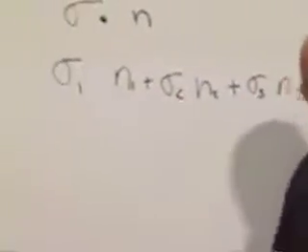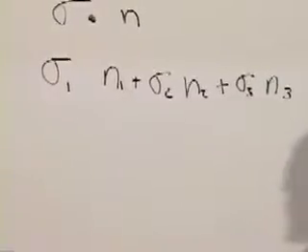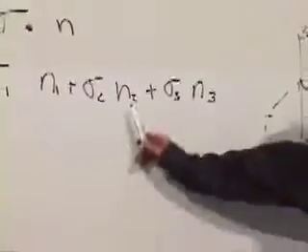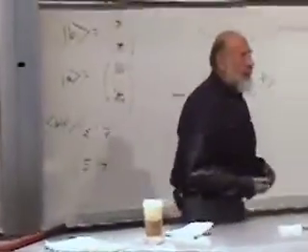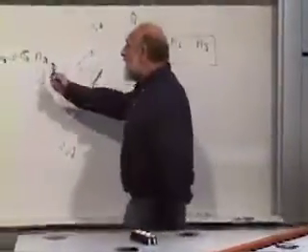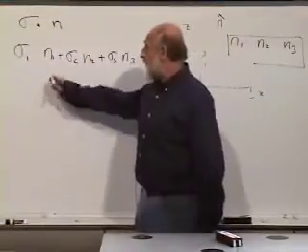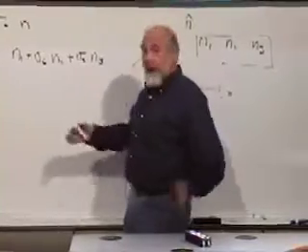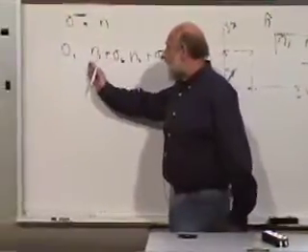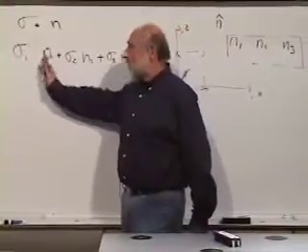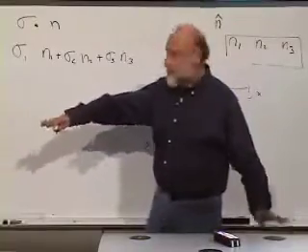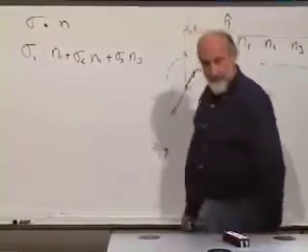Namely, we take the operator sigma 1, multiply it by n1, add to it the operator sigma 2 times n2, add to it the operator sigma 3 multiplied by n3. That's a candidate, and it is the correct candidate, which we can call sigma dot n, but it's an operator. Why is it an operator? The n's are numbers. They're just numerical numbers that multiply here. Sigmas are matrices. If we multiply a matrix by a number, we just multiply all the entries by the same number, and then we add them up.